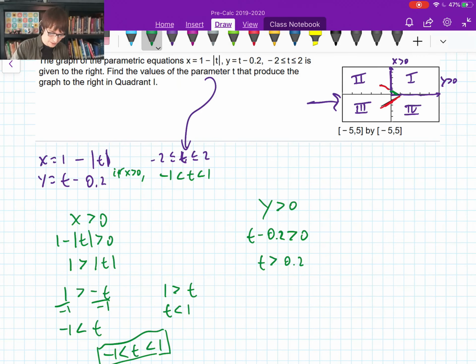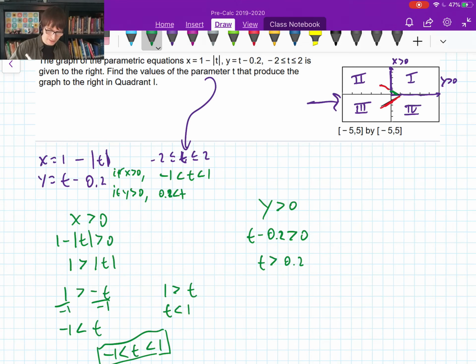If y is greater than 0, then t has to be greater than 0.2, or maybe we can put this another way, trying to keep it all synced up: 0.2 is less than t. It has to be some number that's greater than 0.2. So if we want x is greater than 0 and y is greater than 0, then we need to find some way to combine these two together.